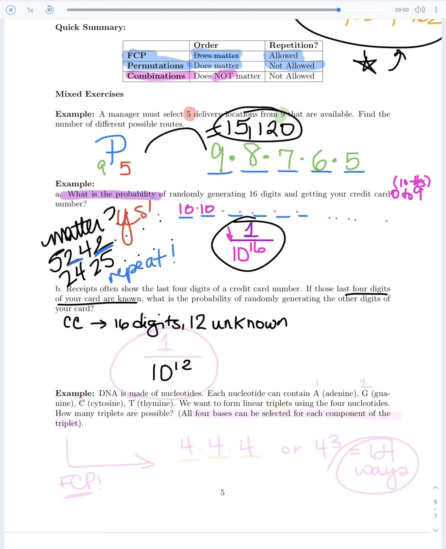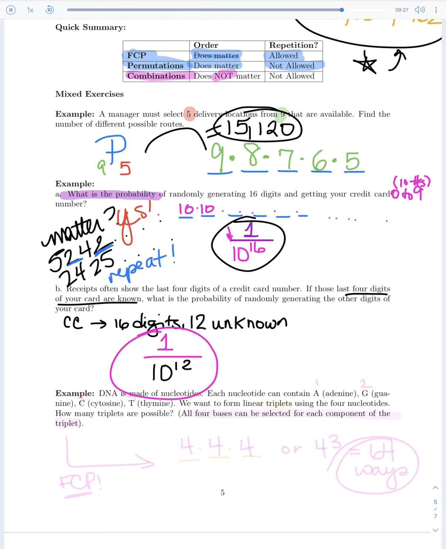So they're going to choose 1 out of those 10 to the 12th options. It is quite a bit better, but it's still very much slim to none. That's why companies are not concerned about giving you a receipt with the last 4 digits, because it is still very, very unlikely for them to guess your credit card number.